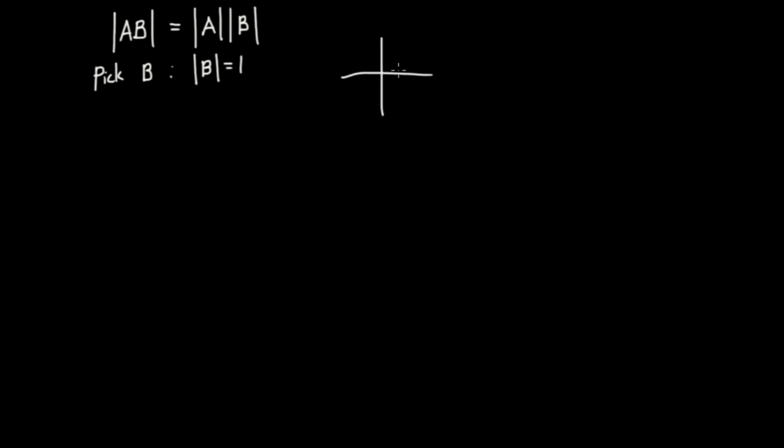And what does that mean graphically? Now, what it means is that we have some unit circle, and I'm going to pick some point on the unit circle. Let's say right there. That could be B, because the unit circle is the set of all points such that the magnitude is 1. So B could be any point on the unit circle there.